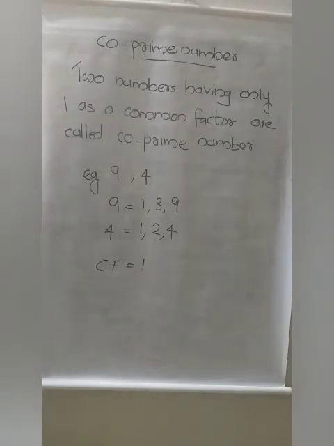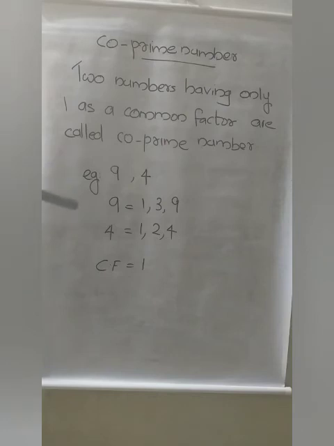When we discussed finding common factors of two numbers, we saw that some numbers will have only one as a common factor. One will be a factor of every number. So in some numbers, when we compare, the only common factor will be 1. Such numbers are known as coprime numbers.